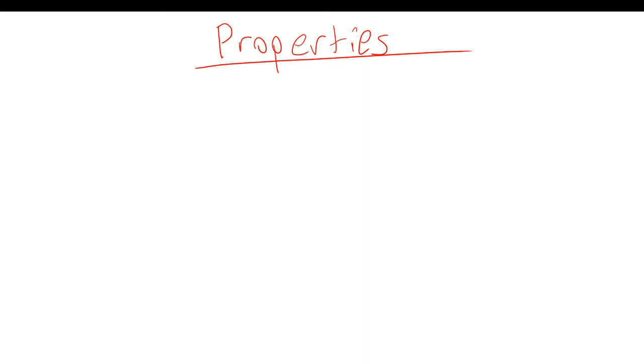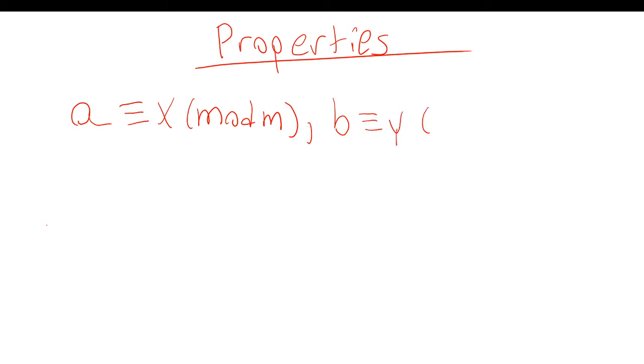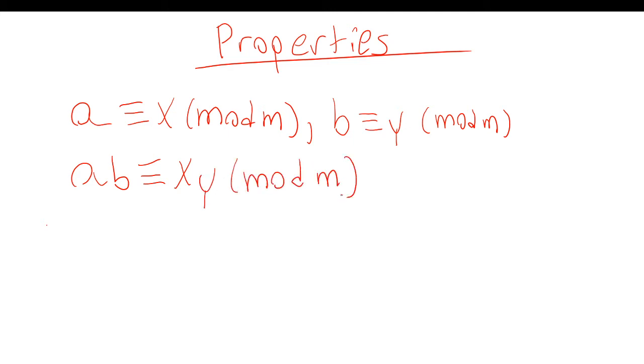First off, let's say we know that A is congruent to X in mod M, and we also know that B is congruent to Y in mod M. Then we know that the product AB is congruent to XY in mod M. This is a very useful property.